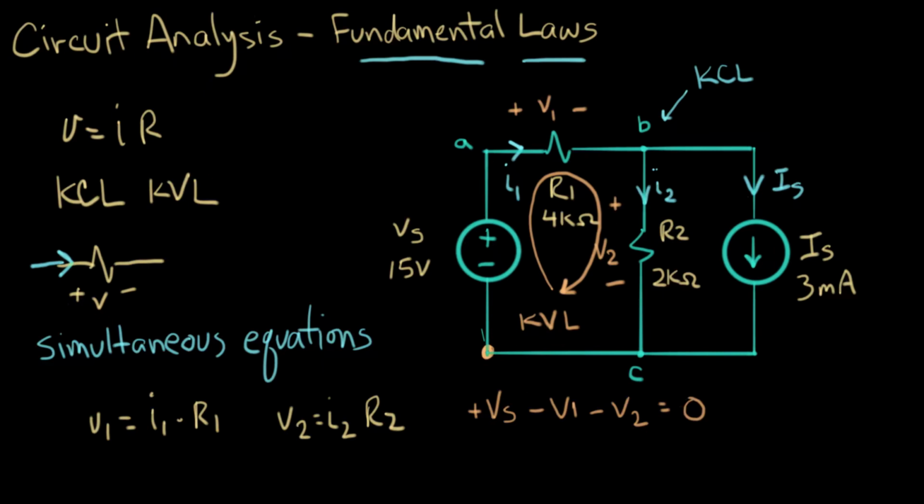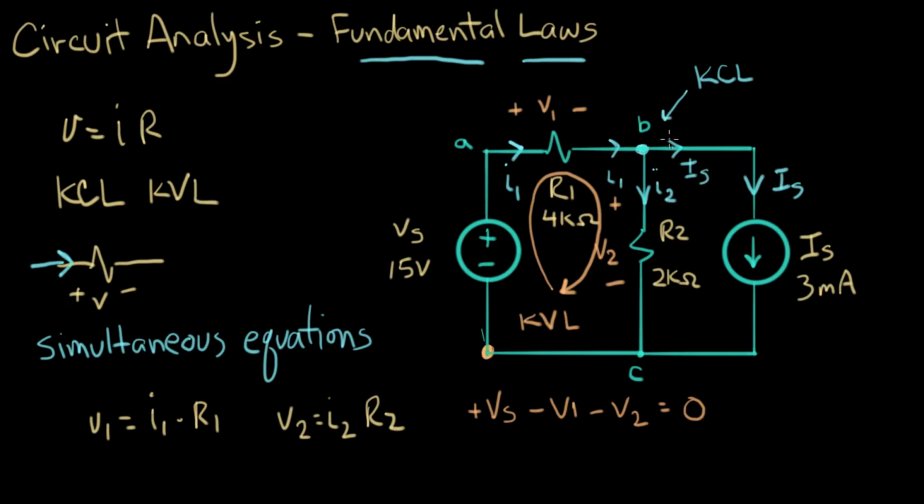Now we're going to move up here and do Kirchhoff's current law at this node right here. So let me draw a few more arrows. This is I1. It comes right through that resistor. And this is IS.